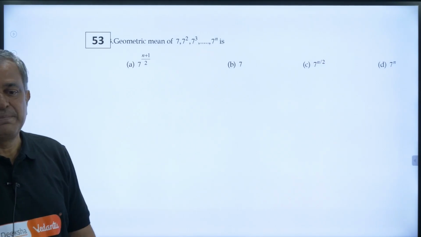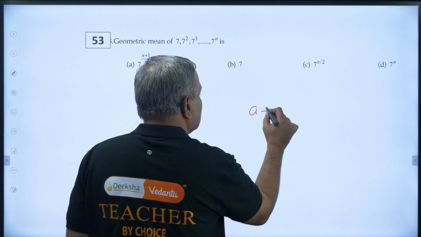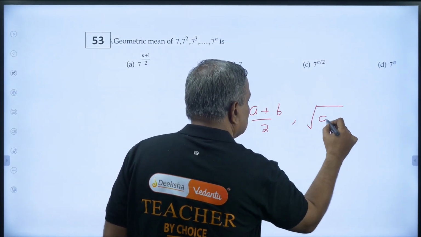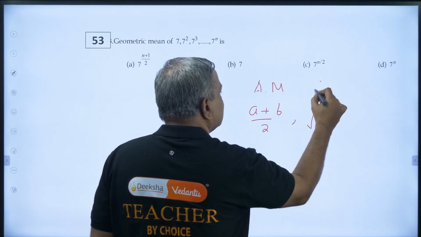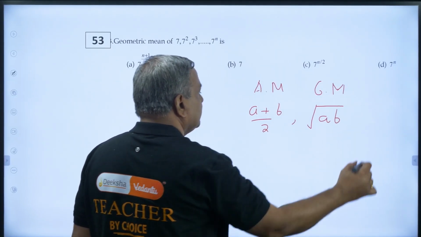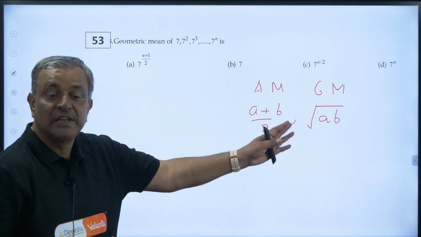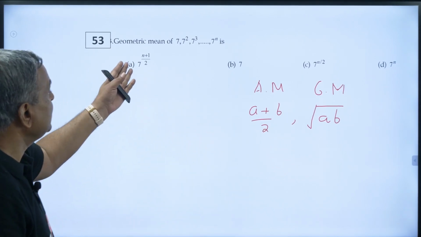What is the geometric mean? Arithmetic mean is A plus B by 2. Geometric mean is root AB. Okay, this is arithmetic mean and this is geometric mean. Correct? So how many terms are there? 2 terms are there. If 3 terms are there, it is A, B, C to the power 1 by 3. So how many terms are there?